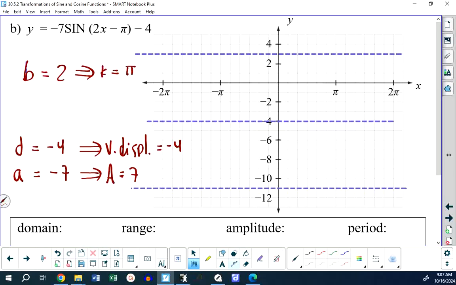It tells us the period is pi. Because the period, I will remind you over here, and then I'll erase it because it's just going to get in the way, will be 2 pi over the absolute value of B. And B is 2, so 2 pi over 2 is pi. Whatever we draw from the start point has to go through one complete cycle in pi, not 2 pi.